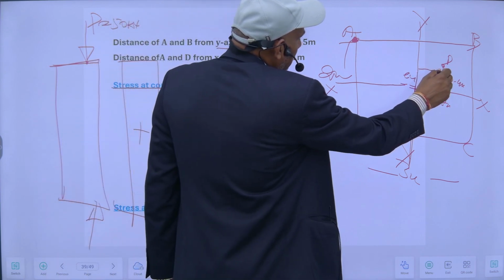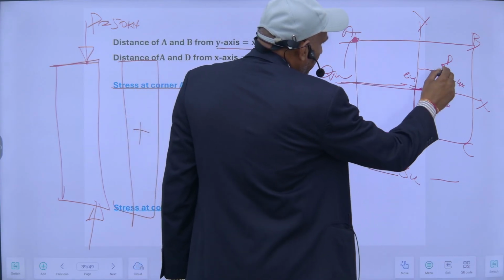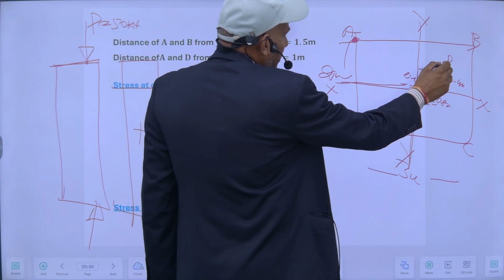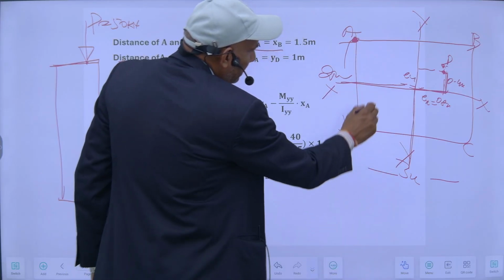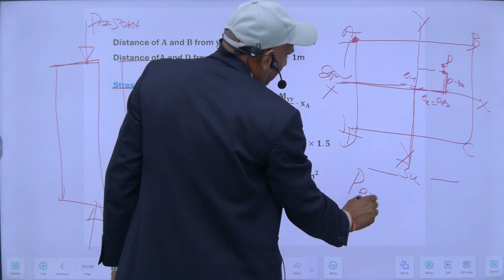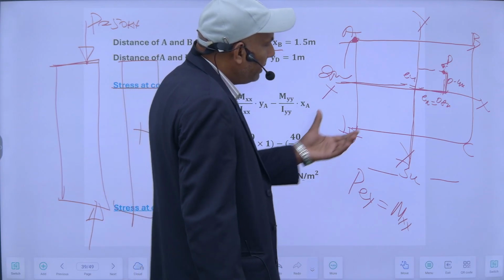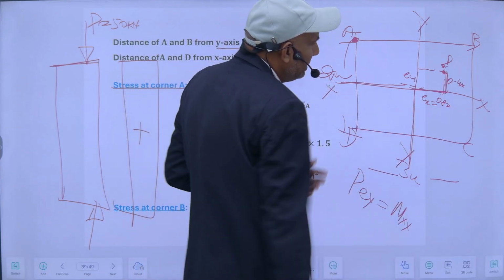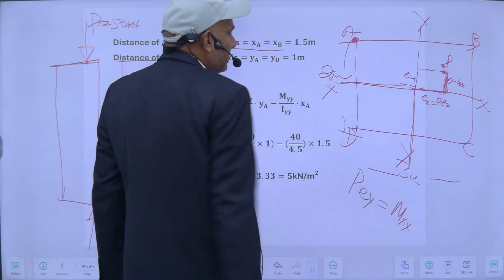this, its moment about this axis, P into 0.4, this load into this distance, P into this Ey, is equal to Mx. Its moment about this x-axis is equal to this load into this perpendicular distance.